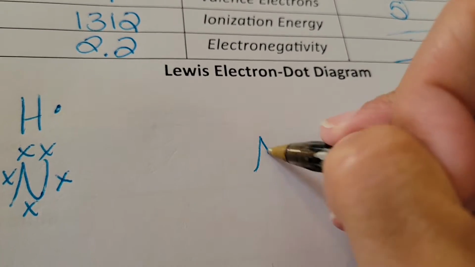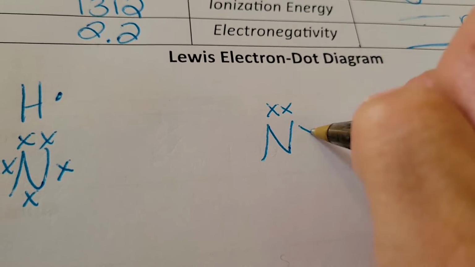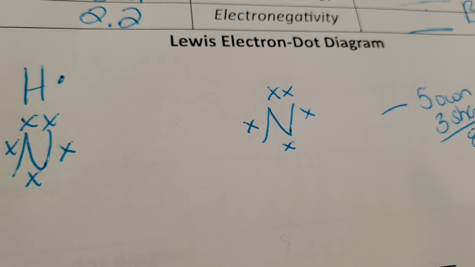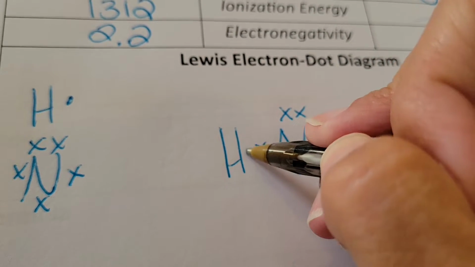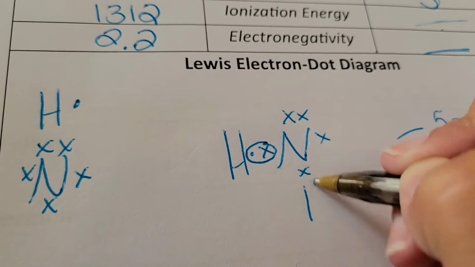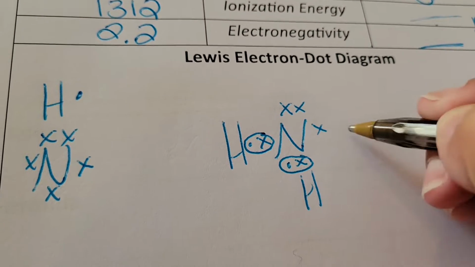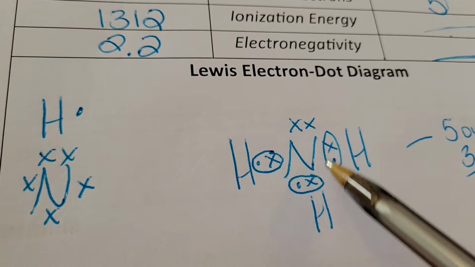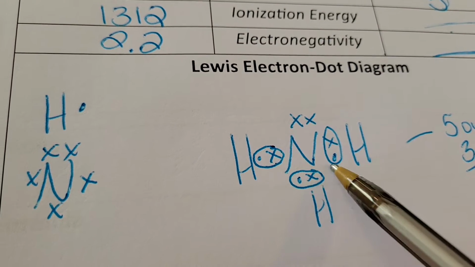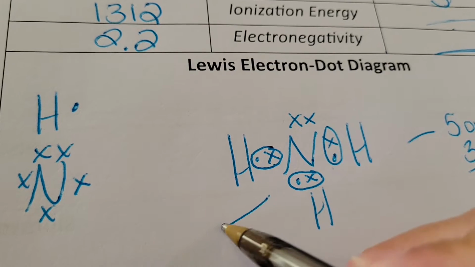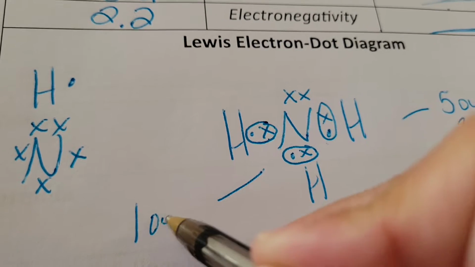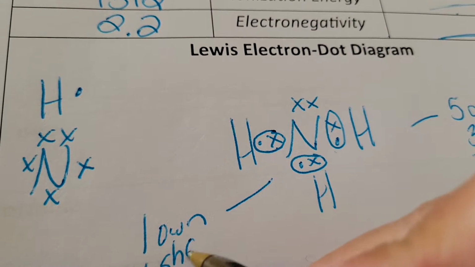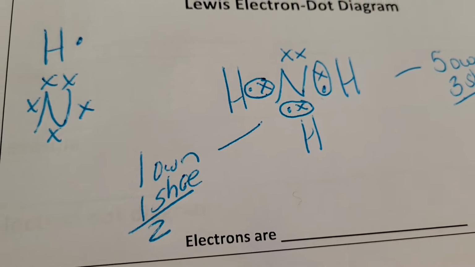So if we have our nitrogen, 1, 2, 3, 4, 5, and then if we put a hydrogen on each side here to share, now it has 1, 2, 3, 4, 5 of its own, 1, 2, 3 that it's sharing, so it has 8. And each of the hydrogens has 1 of its own and 1 that it's sharing to get its 2.